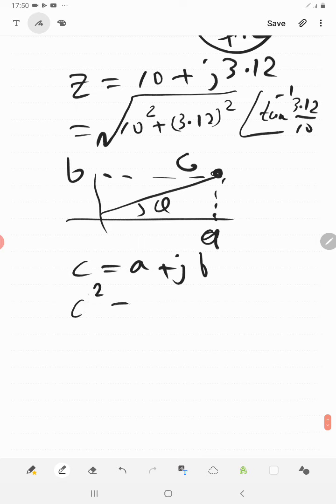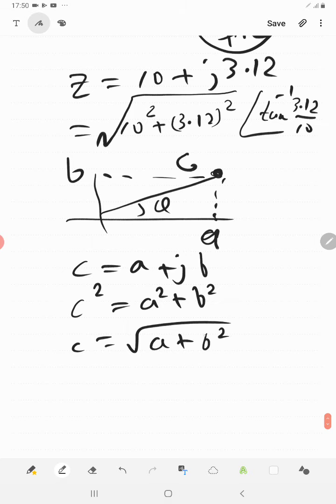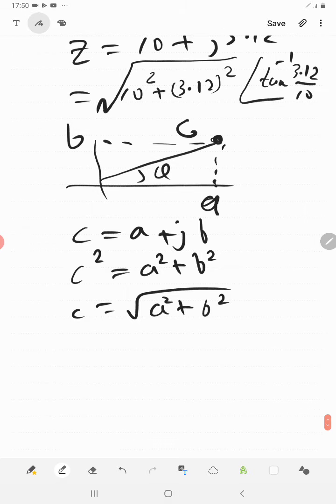So C squared equals A squared plus B squared, so C equals the root of A squared plus B squared, and B over A equals tan theta.